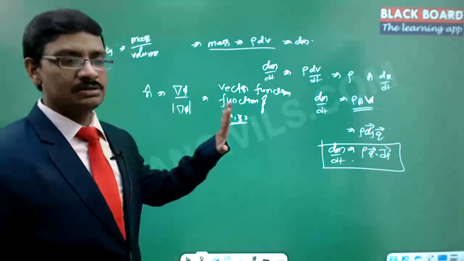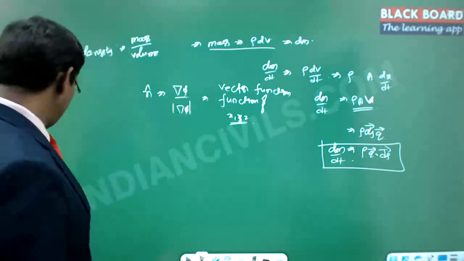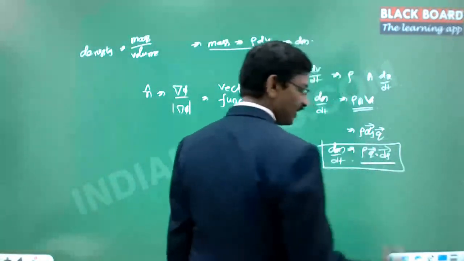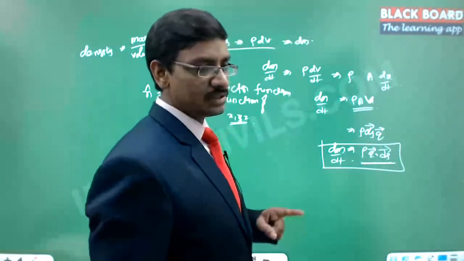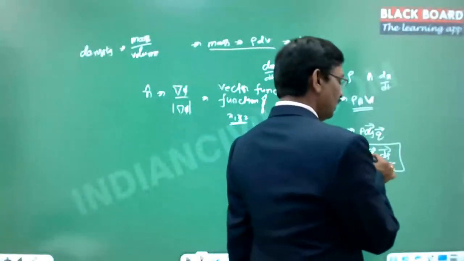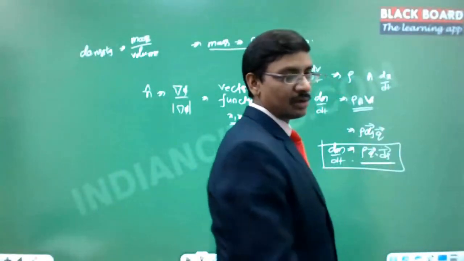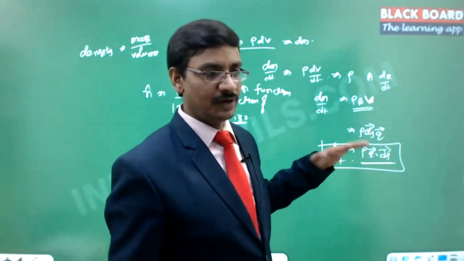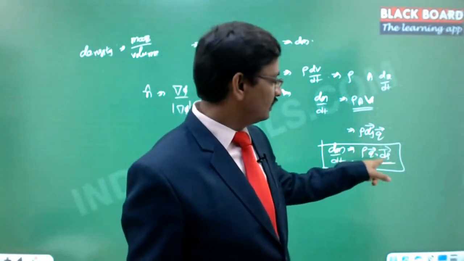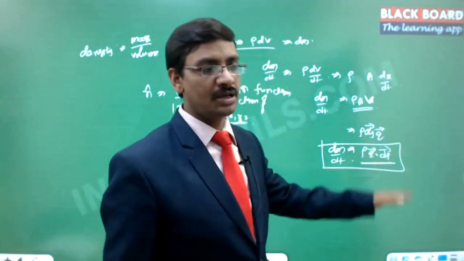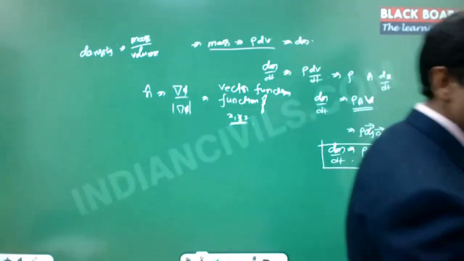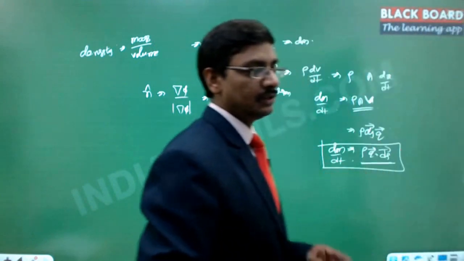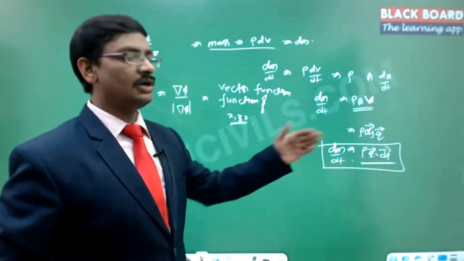Once that normal is taken care of, we bring in the dot product, because we want to consider the effective area always. The effective area depends on the q direction and the unit normal vector to the surface. So q dot n will take care of the effective area, and hence this is the total amount of flow calculated accurately without any mistake. That is the reason we were using this dot product.